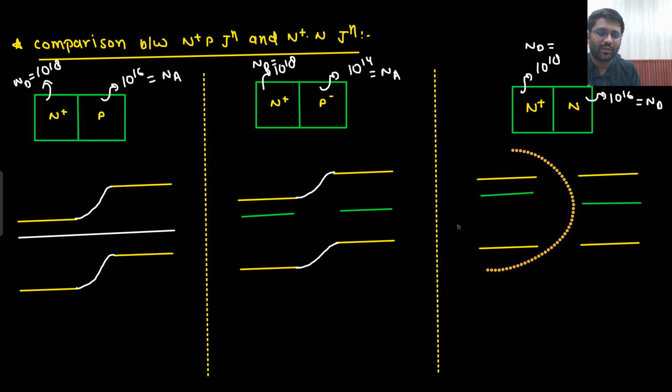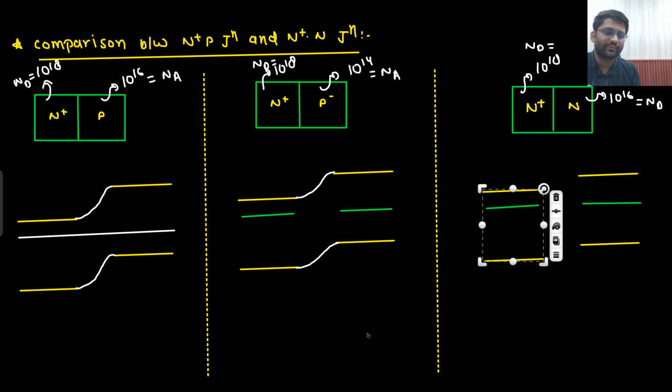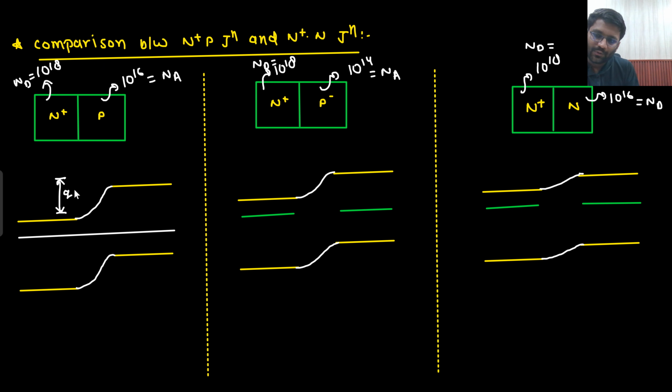And here also the same scenario would happen. Right? So if I say this barrier is QB1, this barrier is QB1, okay, this barrier is QB2, and this barrier is QB3. So can you say one thing, that sir, B1 is greater than B2 is greater than B3? Here I should have written, yeah, 10 to the power 16 is fine. Okay.